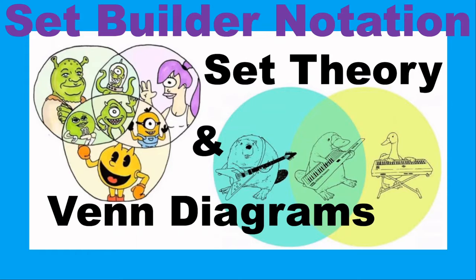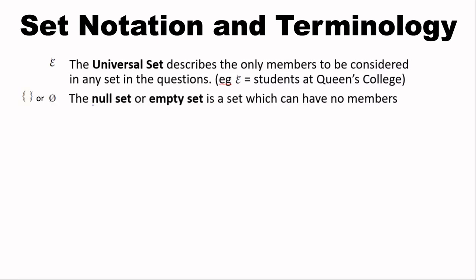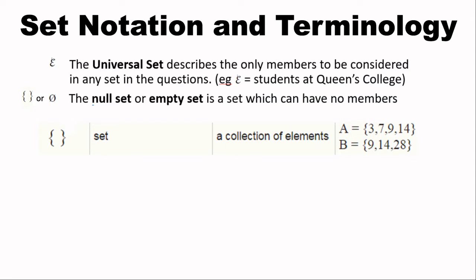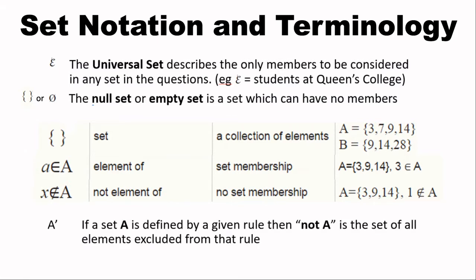But let's just get into our set builder notation. Set notation and terminology that you should have already seen in our previous video includes the universal set symbol, the way we show a null or empty set, the curly brackets we use when we define or list the elements of any set, the symbol that shows set membership, the symbol that shows non-membership, the way we define elements which are not in a given set.